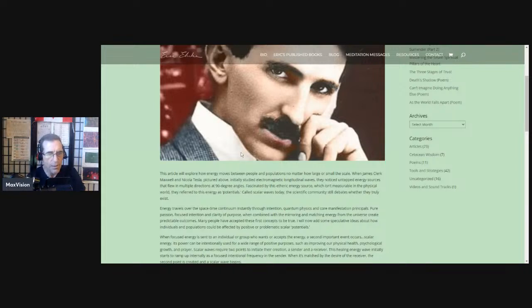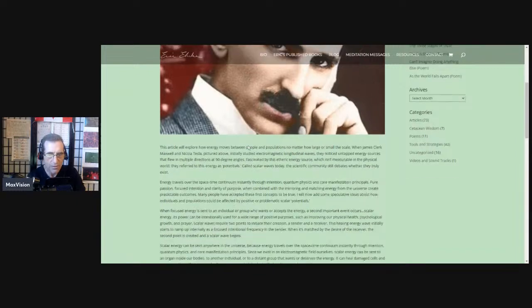Energy travels over space-time continuum instantly through intention, quantum physics, I don't know about that, and core manifestation principles. Pure passion, focused intention, and clarity of purpose, when combined with the mirroring and matching energy from the universe, create predictable outcomes.